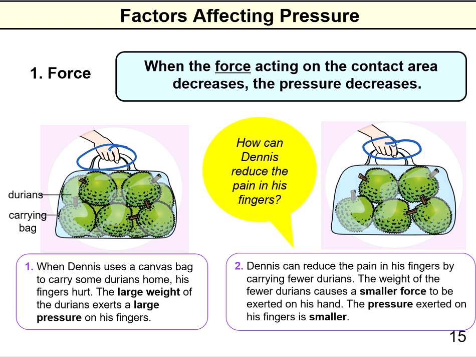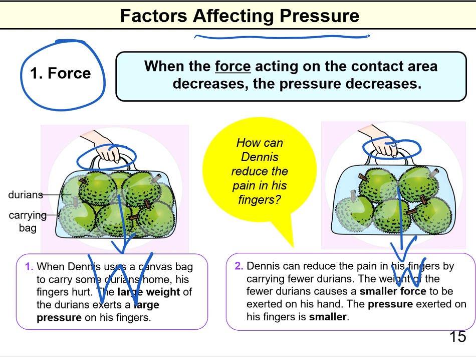But definitely this one will be more tiring and more painful to carry because the weight is much bigger. This one, the weight is smaller. The weight is actually the force that's pulling it down. So force will affect the pressure. The larger the force, the larger the pressure. The smaller the force, the smaller the pressure.